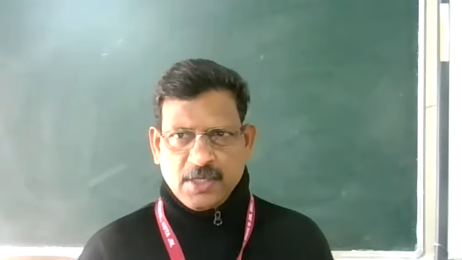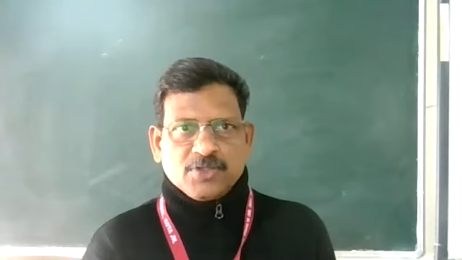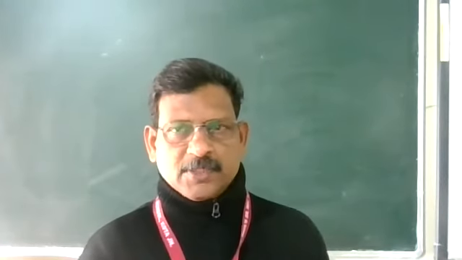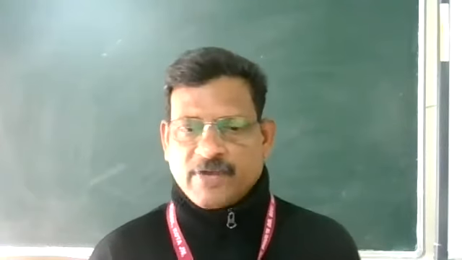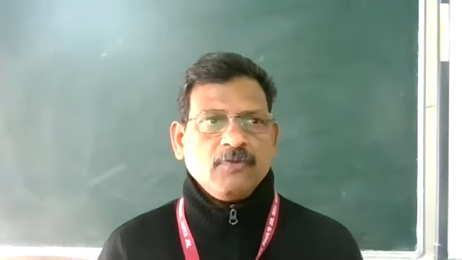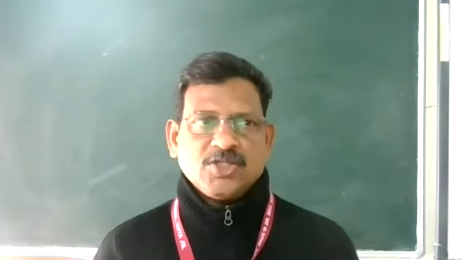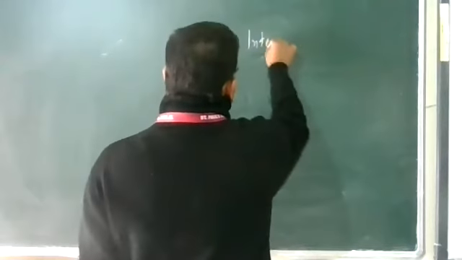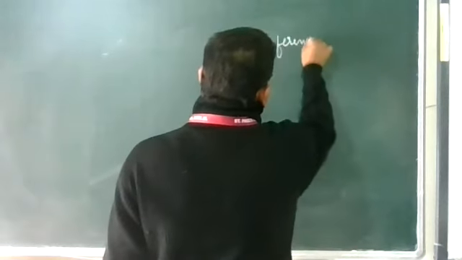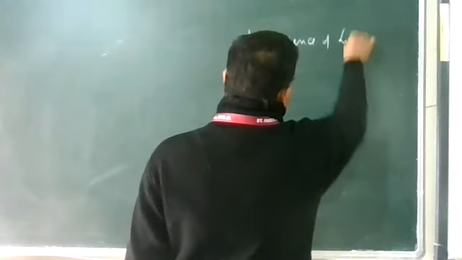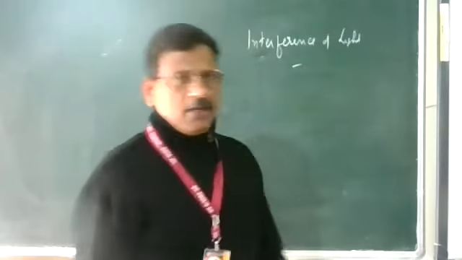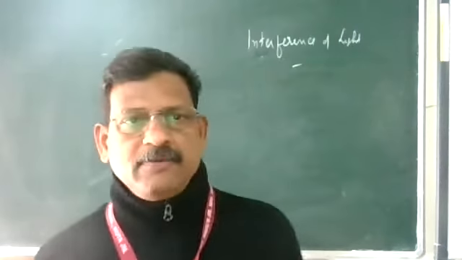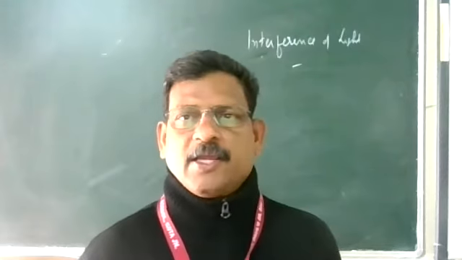Next point. Superposition of light gives two different phenomena, especially interference and diffraction. What is the meaning of interference of light? Interference is common to all types of waves, whether transverse, mechanical or longitudinal.